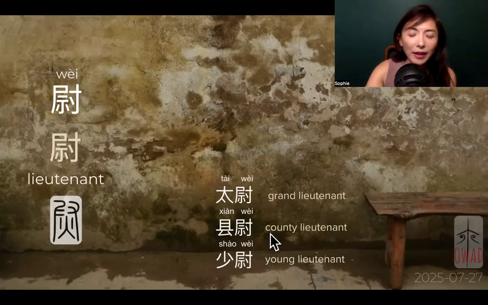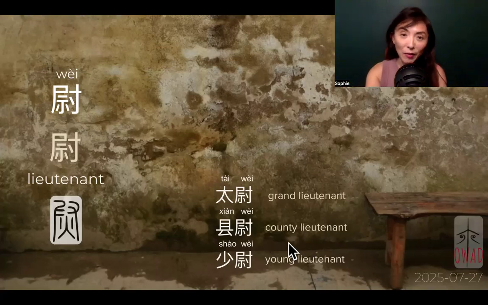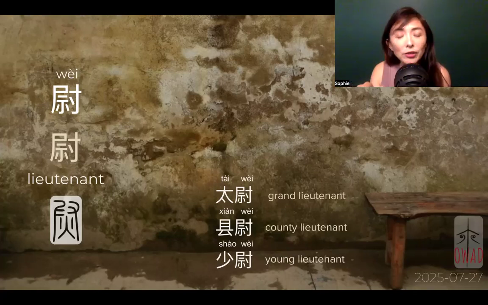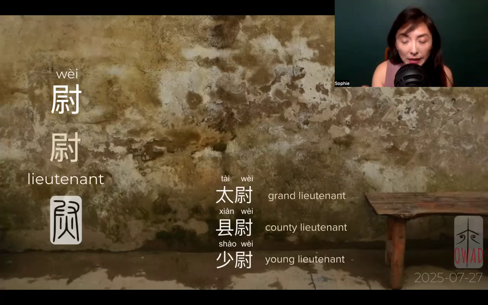Okay, 县尉, county level lieutenant. So 县尉 would simply be the second highest rank government official in a local government system. So I guess we have 县长, which is the leader, the chief of the county, and then we have 县尉, which even if it came from the military background, in this case also historically was used to mean the second most important.